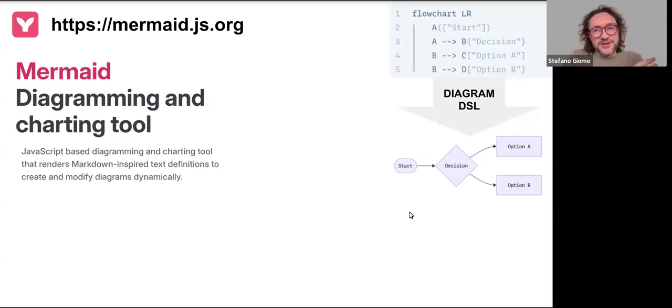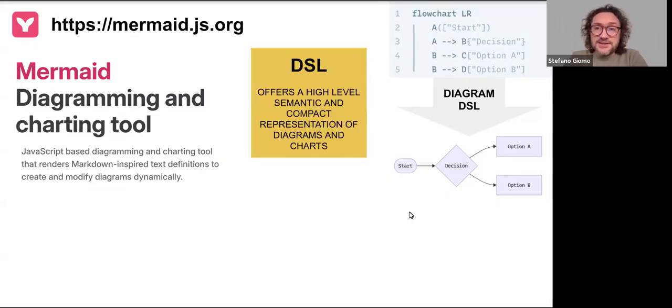So, what's Mermaid? For the ones who don't know, it's a pretty famous JavaScript library meant to help you deal with diagramming and charting. It creates its own language, a domain-specific language, a DSL, that lets you describe charts and represent them graphically.